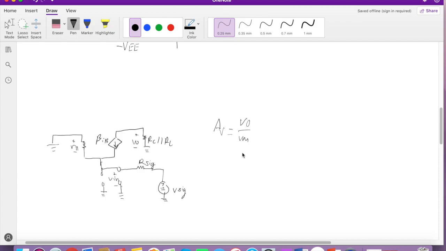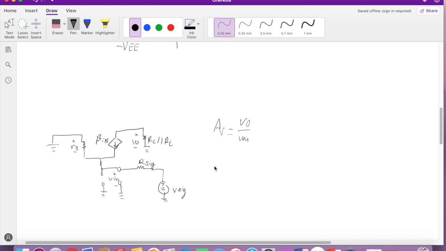So here what we're going to have to do, we have to find equations for Vout and Vin. We want to find these only in terms of resistance and DC parameters, so like beta, R pi, and etc. So from here, what we can see, let's find Vout first. Vout, it has one current going through it, that's beta IB.